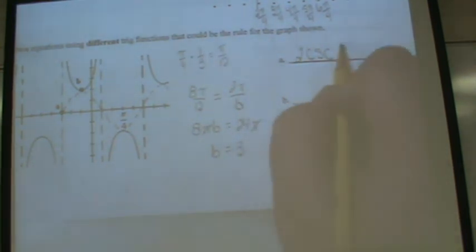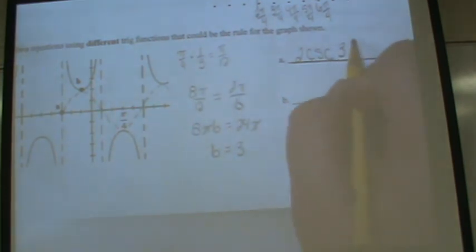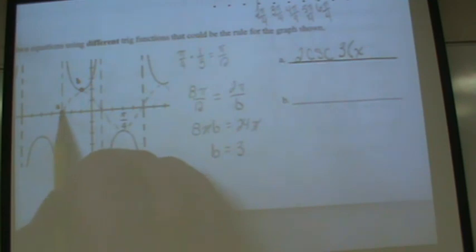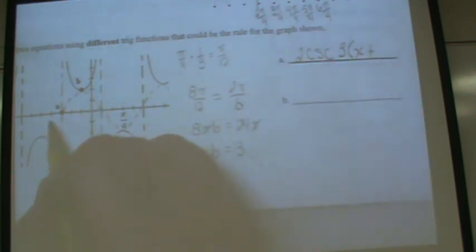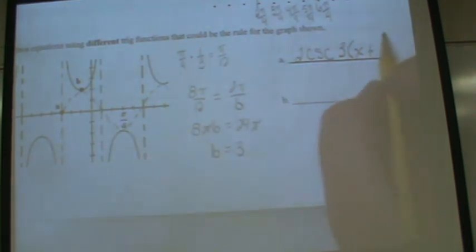We just found our B value to be 3, and that's going to be times x. And we're starting back here at negative pi over 12, negative 2 pi over 12, negative 3 pi over 12. When you go to the left, remember that you add 3 pi over 12, or you could also write it as pi over 4.